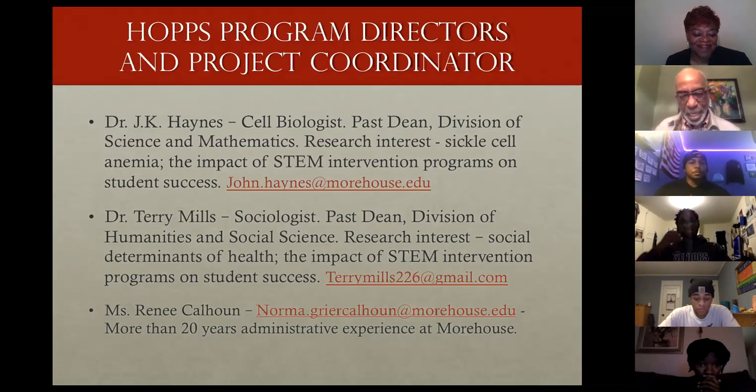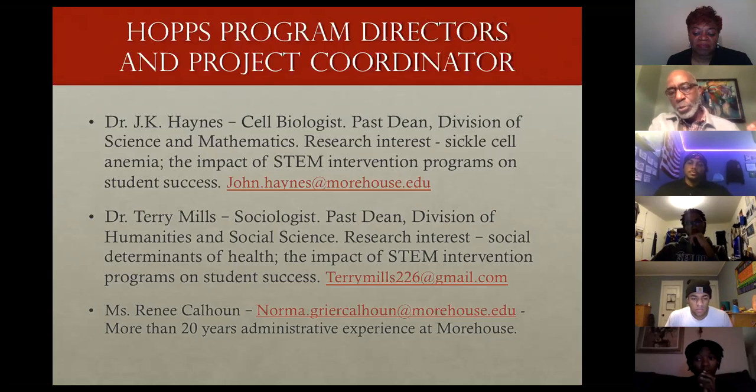Again, I'm Dr. Terry Mills. I'm a sociologist. So you say, well, why is a sociologist talking to STEM students? Well, one of the important ingredients of this broadening participation strategy that the National Science Foundation has is to be able to integrate the natural sciences with the humanities and social sciences.